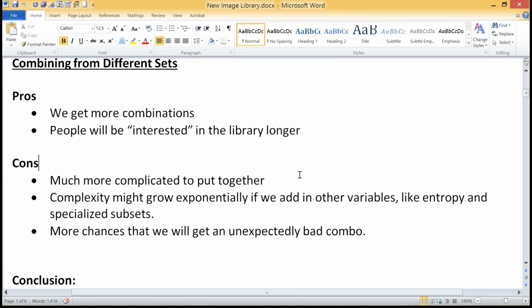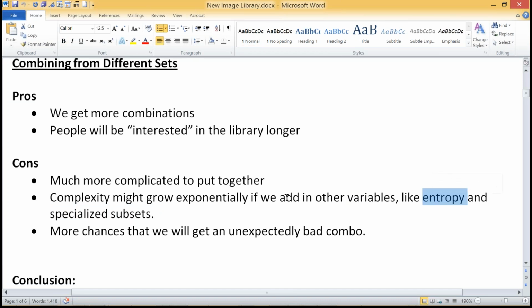The disadvantages are it's much more complicated to put together. The complexity grows exponentially, and it would make it harder to add in other things that we do want to add, like entropy and specialized subsets. If we're trying to balance the entropy, and we have too many combinations of things that we can't even anticipate, that would be really hard.